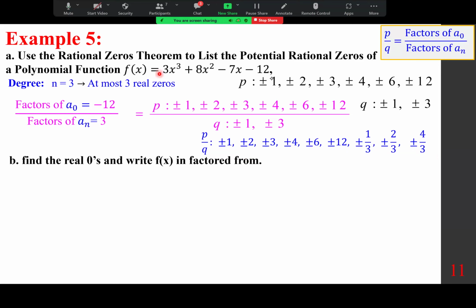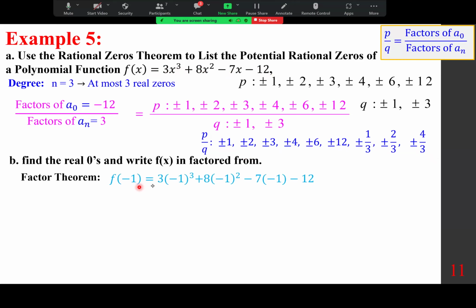If you plug in 1, actually, it doesn't work. It's easy to see: 3 plus 8 is 11, minus 7 is 4, minus 12 is minus 8. So let's try negative 1.